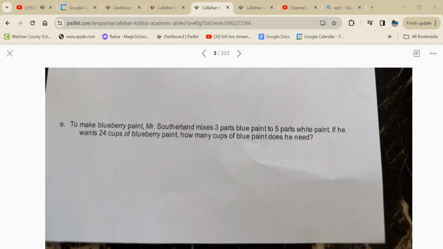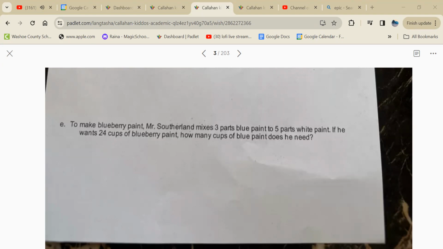Well, this part's confusing because 3-part blue with 5-part white makes how many cups of paint? I don't know what that means. Does that make sense? Does that make 1 cup?